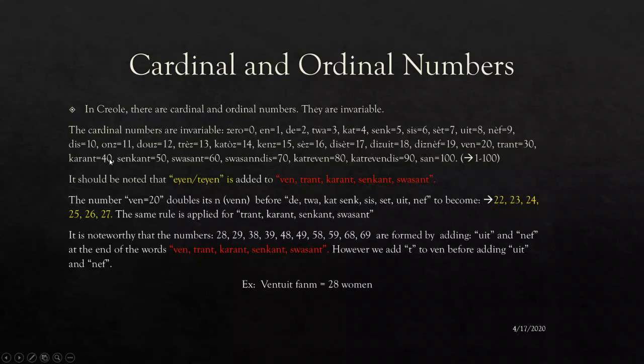How many of you speak French? 1, 2, 3, 4, 5, 6, 7, 8, 9, 10, 11, 12, 13, 14, 15, 16, 17, 18, 19, 20, 30. So basically, if you know your French, those are easy to pronounce.